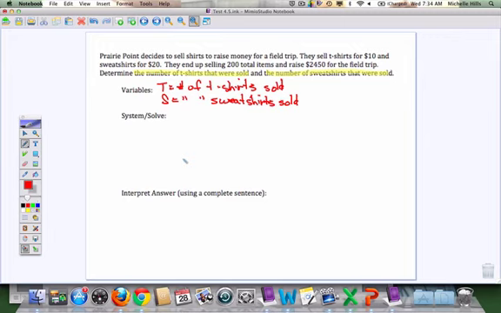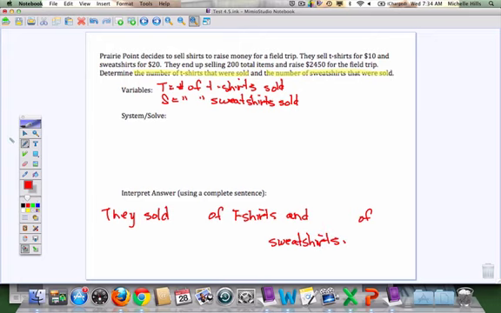So my answer is going to be, using a complete sentence, something like they sold some number of t-shirts and some other number of sweatshirts. Now I just need to find those numbers.